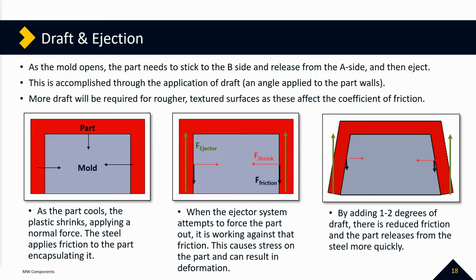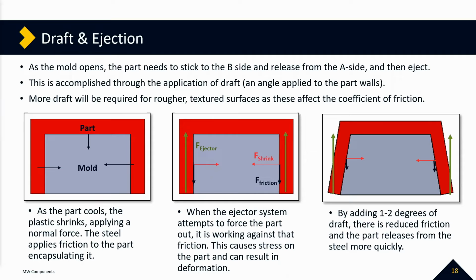So what's happening is as the part is cooling, the plastic shrinks. We've talked about that in terms of sink, but overall your part is shrinking around steel. The example I have here is more or less a core for like a cup or something. So if we have these hard 90-degree angles and it is straight up and down, that shrinkage is going to be, of course, directly normal to the steel, which causes the friction to directly oppose the ejector force, the ejector in green.